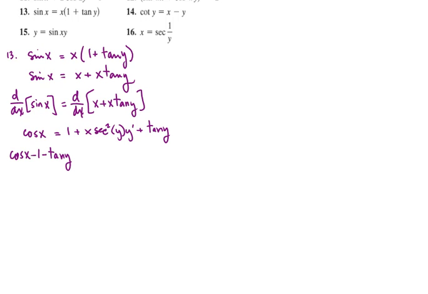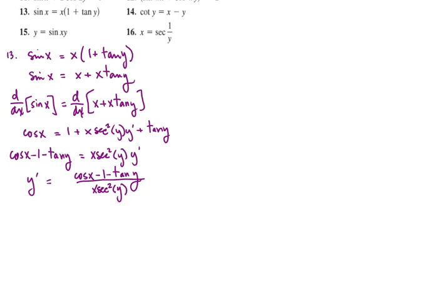So the left side will now be cosine of x minus 1 minus tangent of y, and that will equal x times the secant square of y times y prime, and I'll divide by x secant square of y to isolate the y prime on the right, and I will get cosine of x minus 1 minus tangent of y, all divided by x secant square of y. And that's going to do it. Cosine of x minus 1 minus tan y over x times secant square of y.